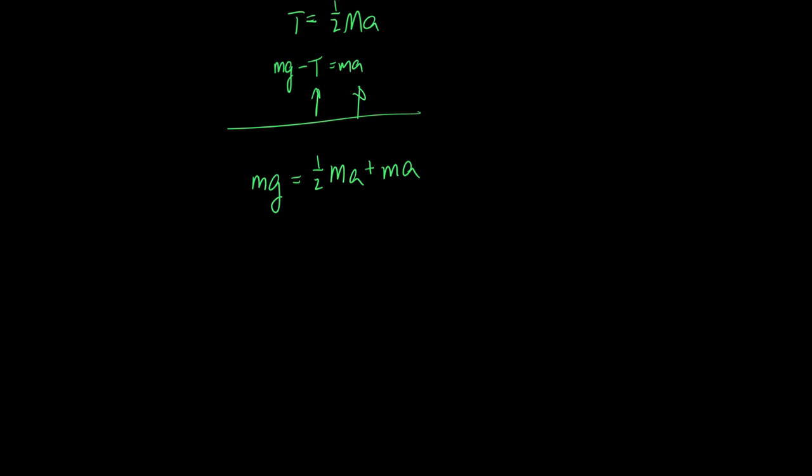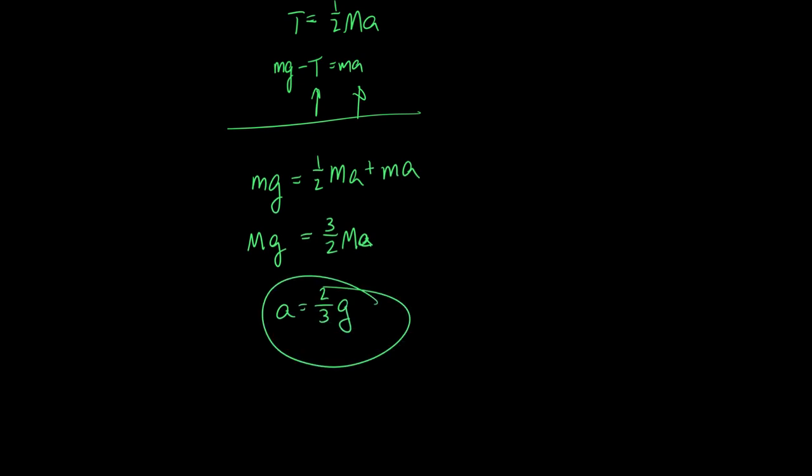I'm pretty sure that's 3/2 ma, right? So 3/2 ma equals mg. I'm going to cancel the m's since there's one on each side and solve for a, and a equals 2/3 g. What is the acceleration of the ribbon as it unrolls? It is 2/3 g.